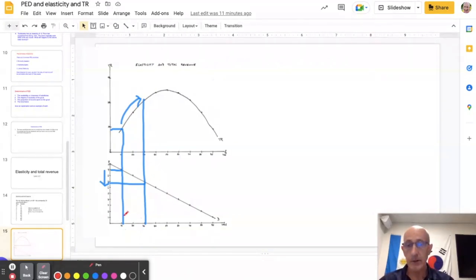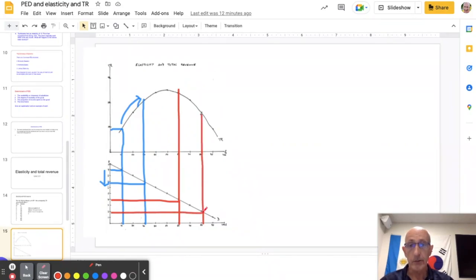Now, if I do a similar thing down this range, let me choose another price and output combination, and get my total revenue point here. And now if I lower the price, what you'll notice is that the total revenue will go down. So I've decreased the price similarly to what I did in blue, and now my total revenue decreases.